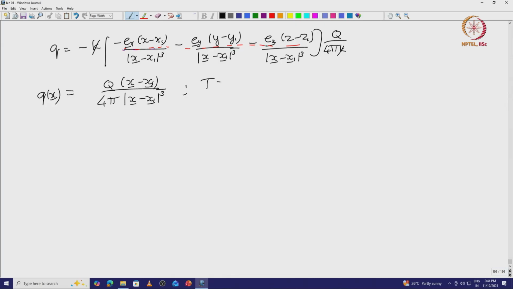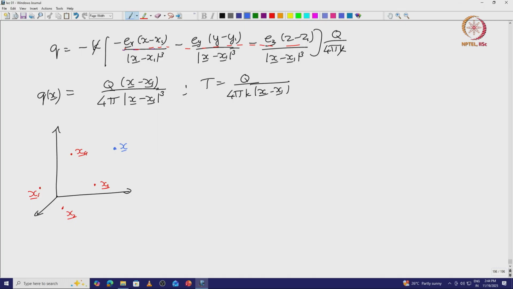Note that the temperature was given by q by 4 pi k into 1 by x minus x1. Last class I had started discussion on what happens if there are multiple sources at locations x1, x2, x3, x4, and I want the temperature at some observation point x.